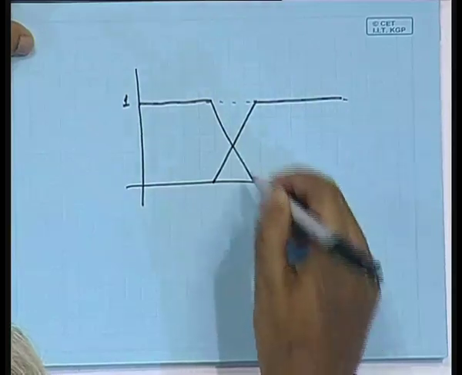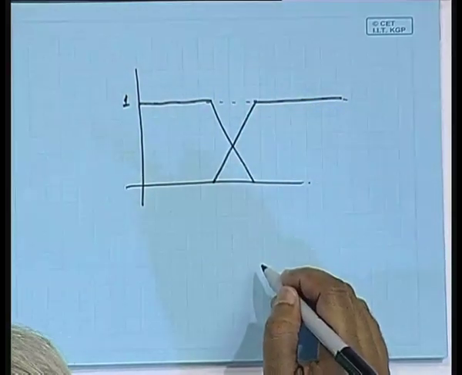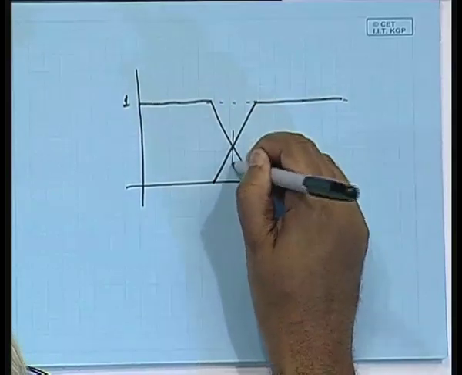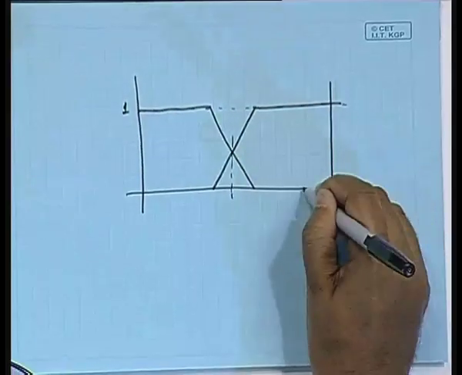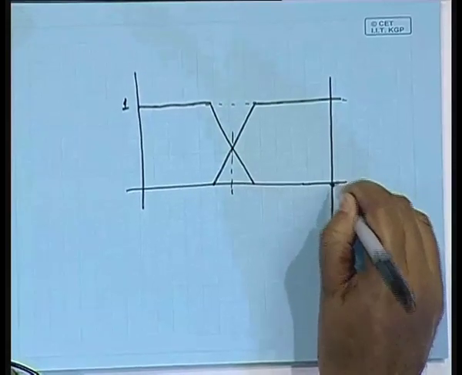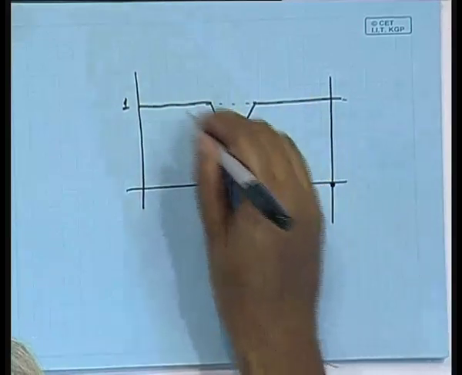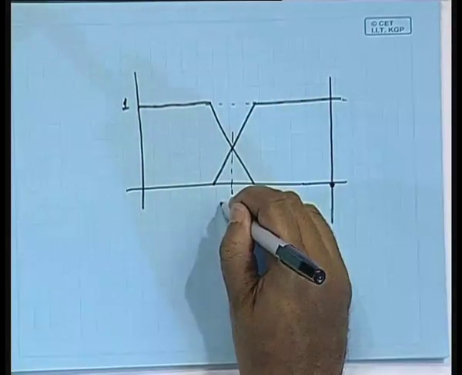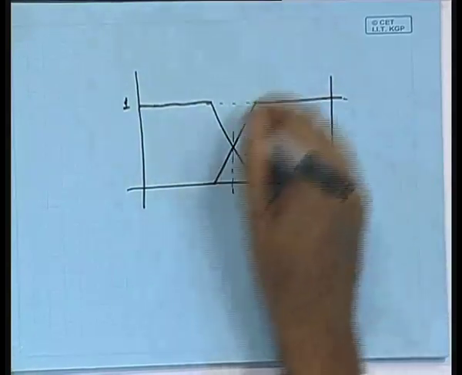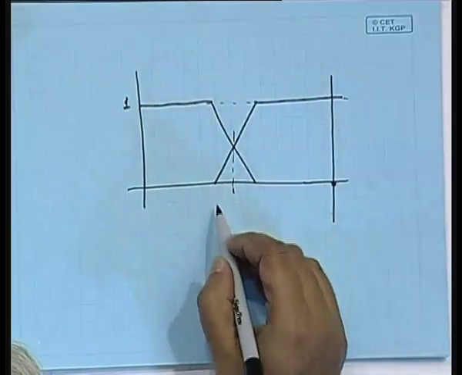This is what I want to achieve, and here the bandwidth has become halved. If this is my maximum frequency, then individually this band has got half of the maximum frequency, and this band has got the other half. So, the bandwidth is halved. That is why we can reduce the sampling rate by half in the individual channels. That is what we achieve by the decimation process.